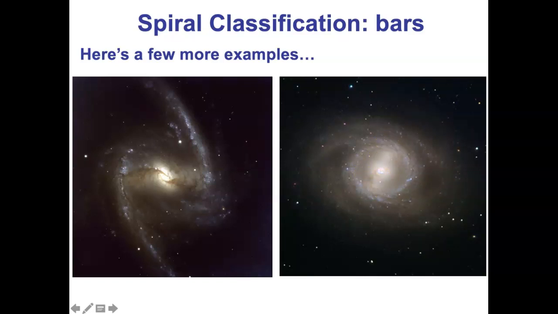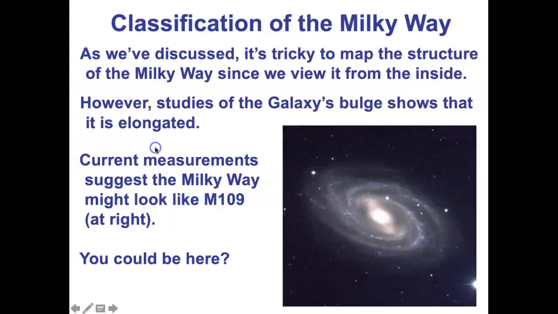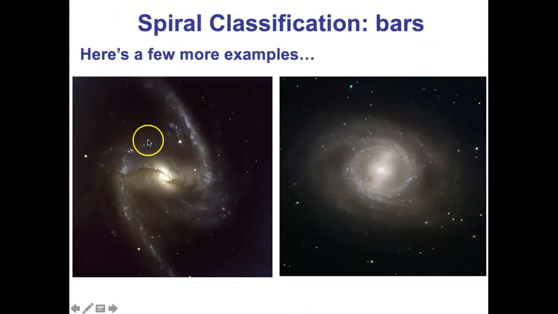And one of the cool things about barred spirals is that when you have a bar like this, this whole linear structure of stars and gas is rotating around the galaxy. And all of these stars rotating like this tend to stir up the gas at the ends of the bar.